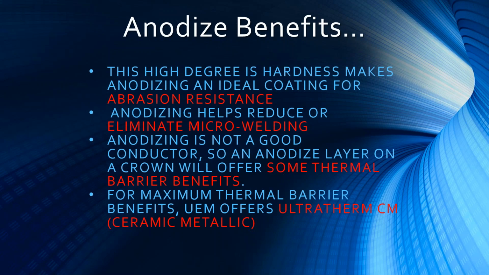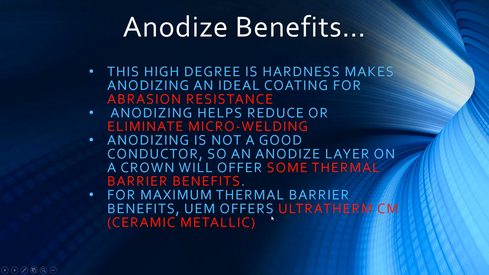Once that goes on there, it adds more friction, and the heat and pressure add more micro welding to where the ring won't seat well in the top ring groove. So this eliminates that if you've had any of those issues. The other benefit of anodizing is it provides another level of thermal barrier. It's not conductive, so it keeps more heat up in the cylinder area.